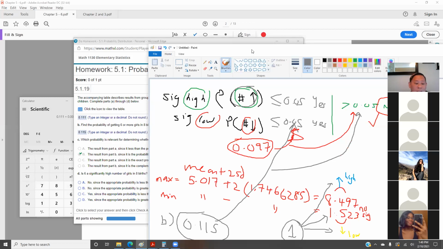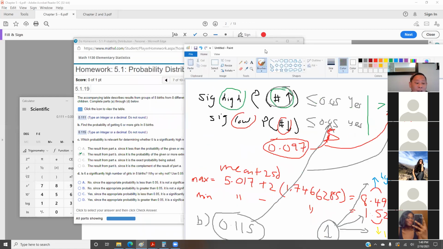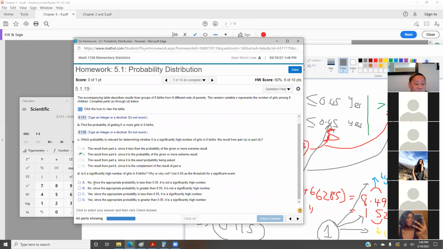So is this considered significantly high? The answer is no, right? So this is not significantly high, because it is more than 5%. So make sure you know how to answer this.